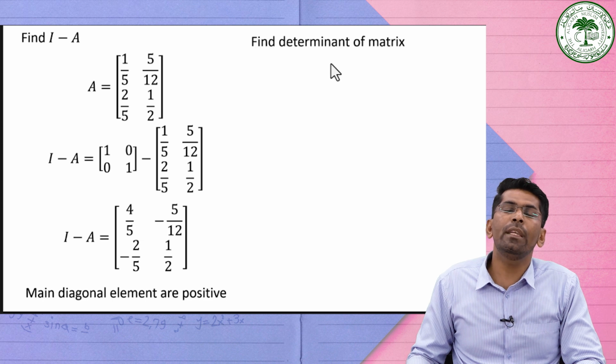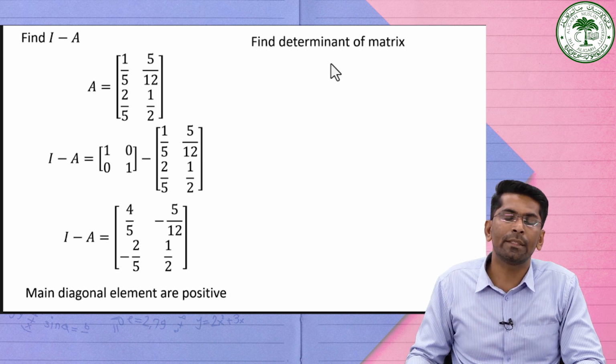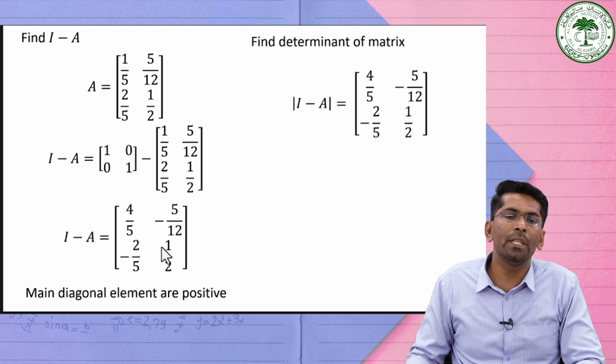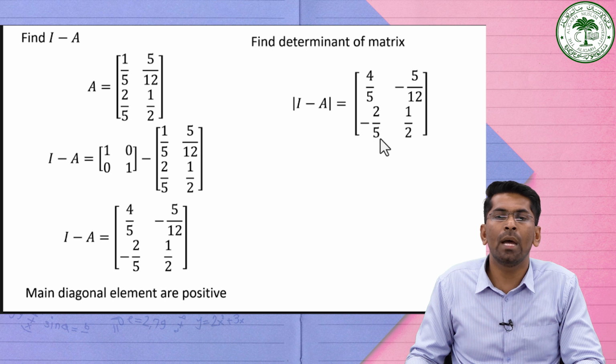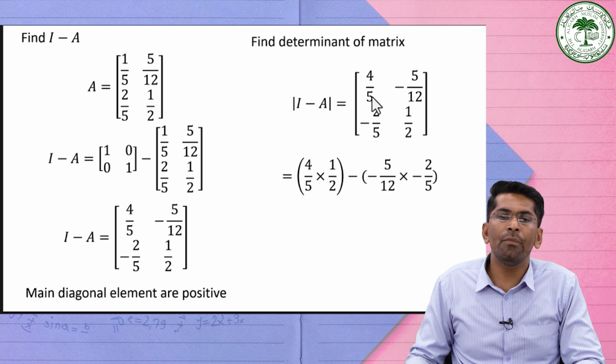Now we are going to find the determinant of this particular matrix, that is 4 by 5, minus 5 by 12, minus 2 by 5, 1 by 2. The determinant is 4 by 5 into 1 by 2 minus 5 by 12 into minus 2 by 5. Multiplying 4 by 5 into 1 by 2 gives 4 by 10, minus minus 5 by 12 into minus 2 by 5, which is 10 by 60.